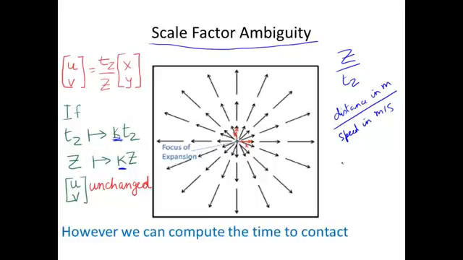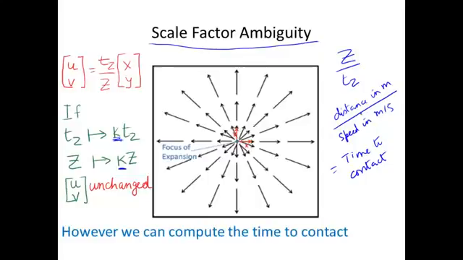Imagine that there's a wall at a distance of z and I'm going at speed t sub z directly towards it. Well, z upon tz is the time to collision. You can work out that the units of this are in seconds. So z upon tz is in how many seconds am I going to collide with the wall.